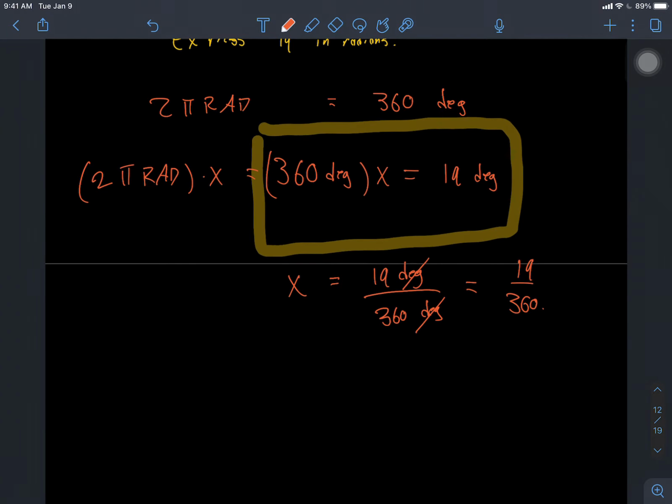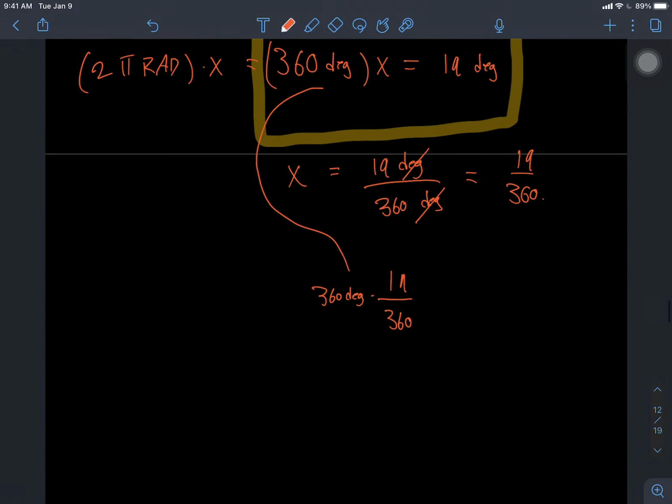If we do 360 degrees times x, that would be 360 degrees times 19 over 360. And that's going to be equal to 2 pi radians times 19 over 360.